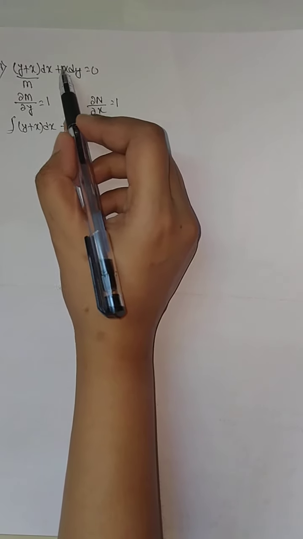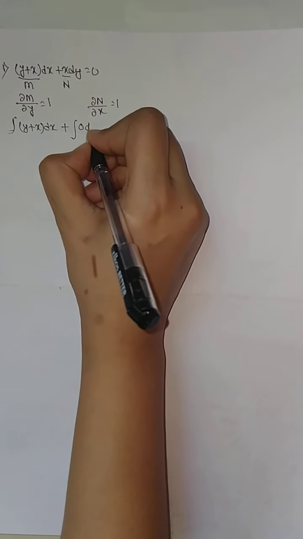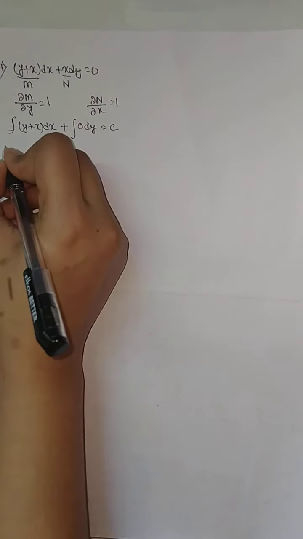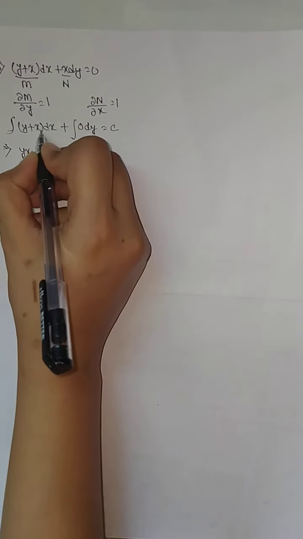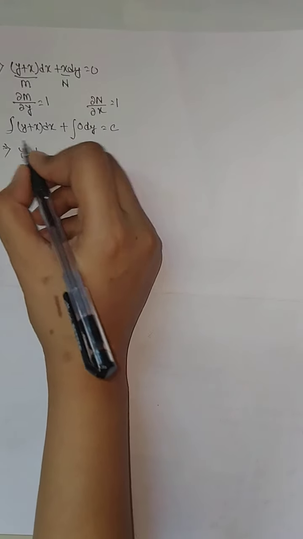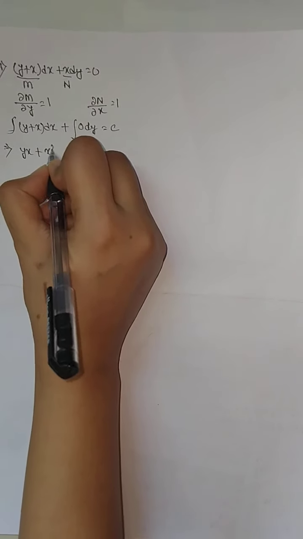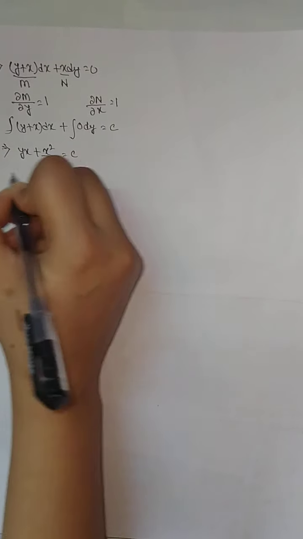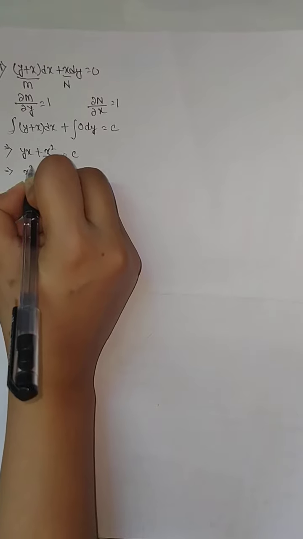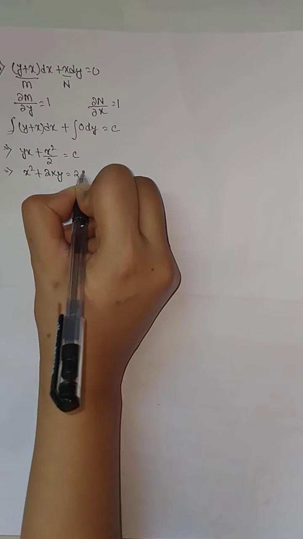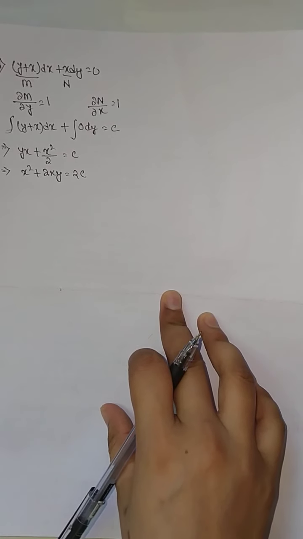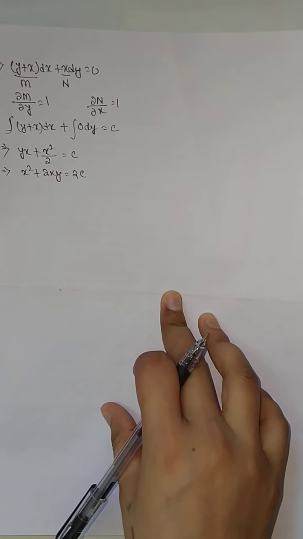This N contains x, so again 0 dy equals c, which implies, y being constant, yx plus x²/2 equals c, which implies x² + 2xy = 2c is the given solution of the required equation.